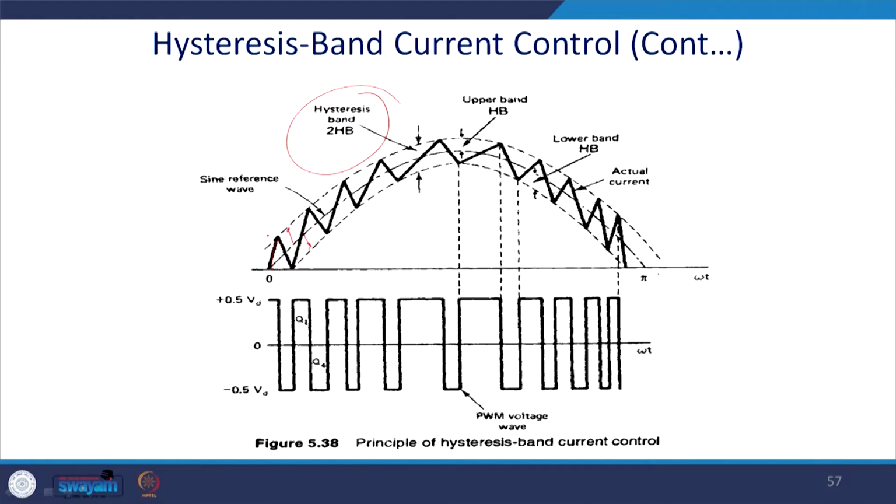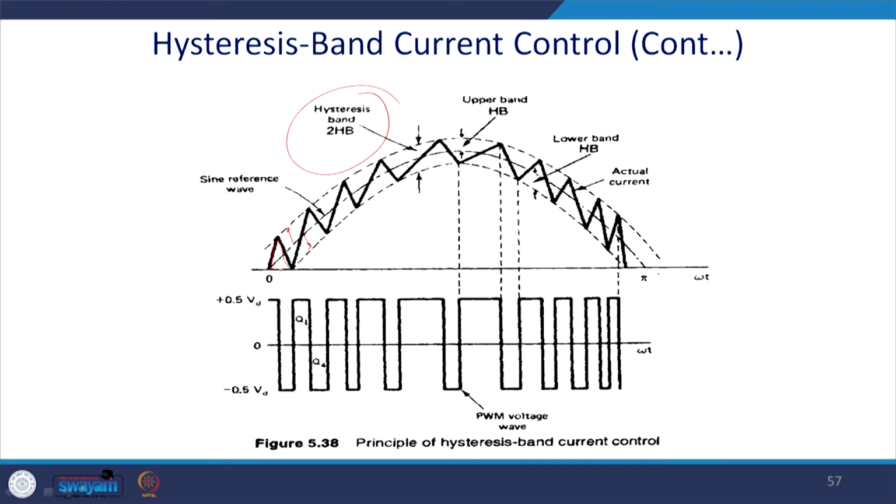So, what happened here? At this point you go off, and since the upper switch is on, the current will increase in the positive half cycle and it will hit the band, and ultimately the upper switch will be turned off. Generally it gets a path through the diode to flow and it will come down.